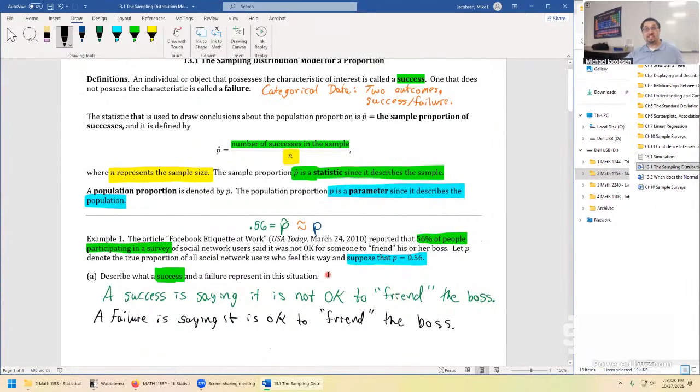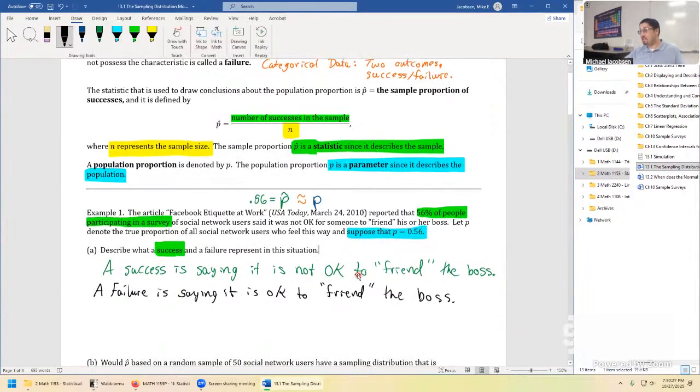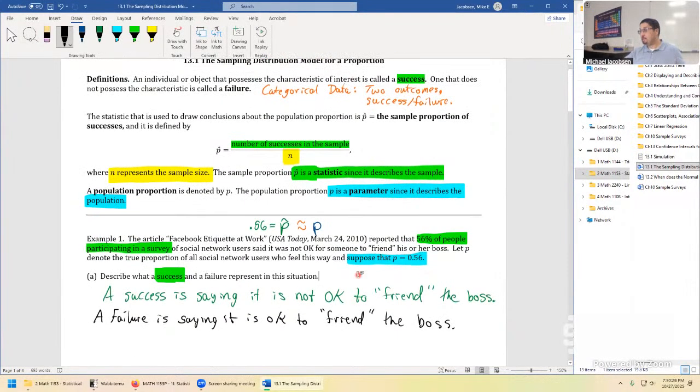So we have a success and a failure in this situation. We're making a huge assumption that p is 0.56 and going from there. Well, part A is really just thinking about the parts of how you compute p hat, how you might relate it to a parameter. Any questions about the successes or failures there in part A?